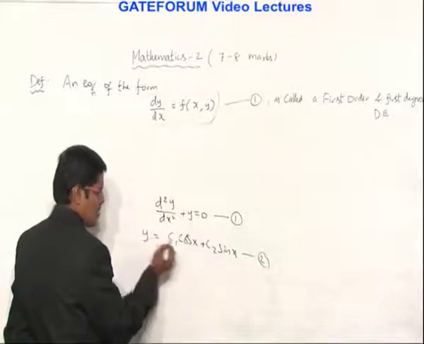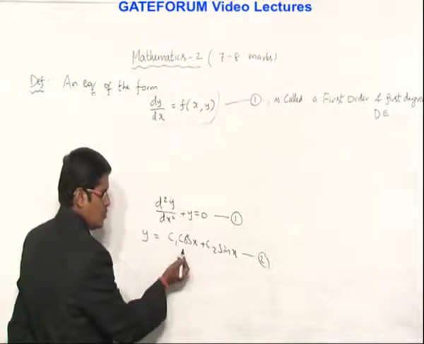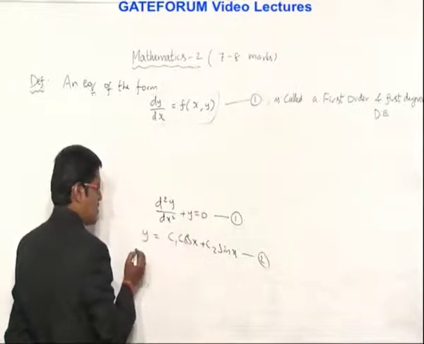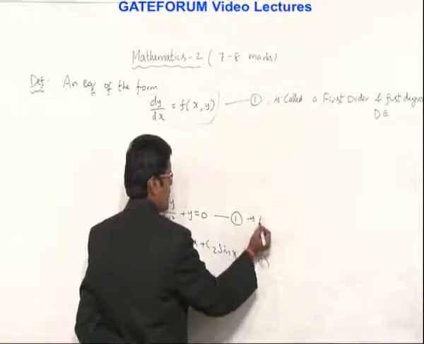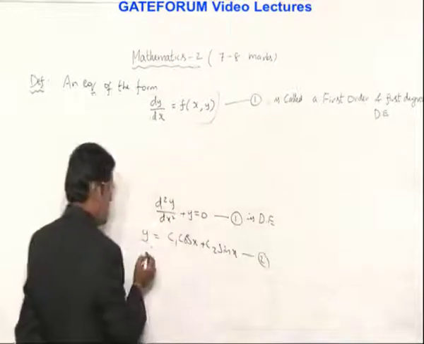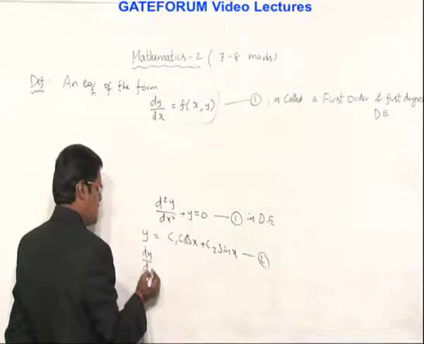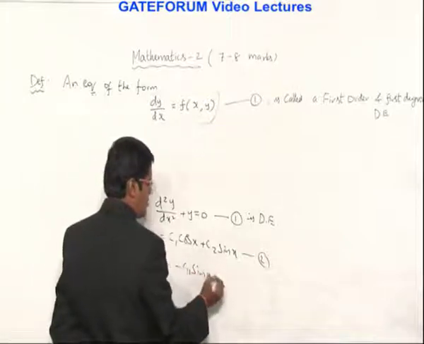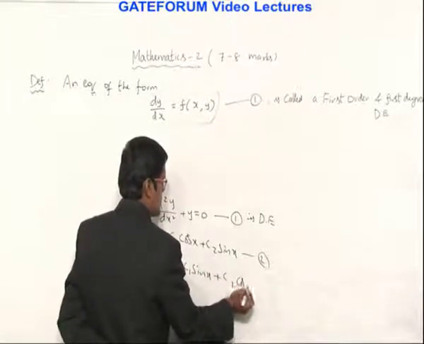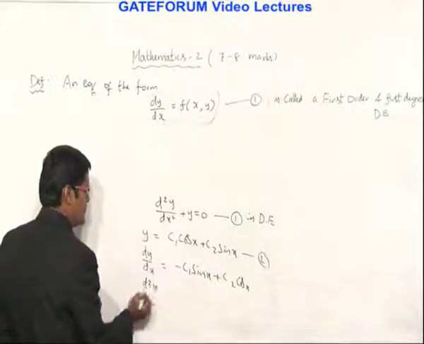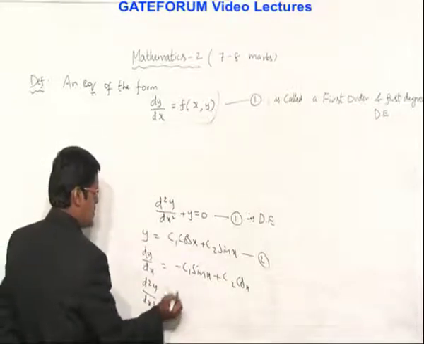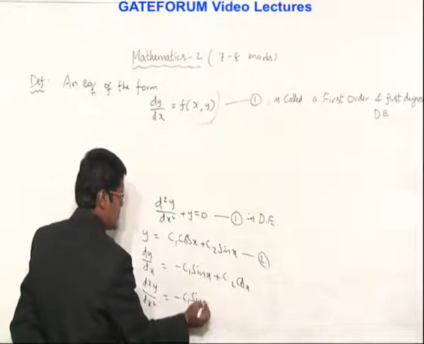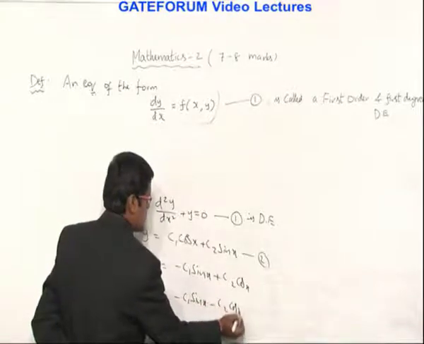I am going to check whether this y is a solution of equation 1. This is a second order differential equation. The first derivative is dy by dx is equal to minus c1 sin x plus c2 cos x. The second derivative is minus c1 cos x minus c2 sin x.